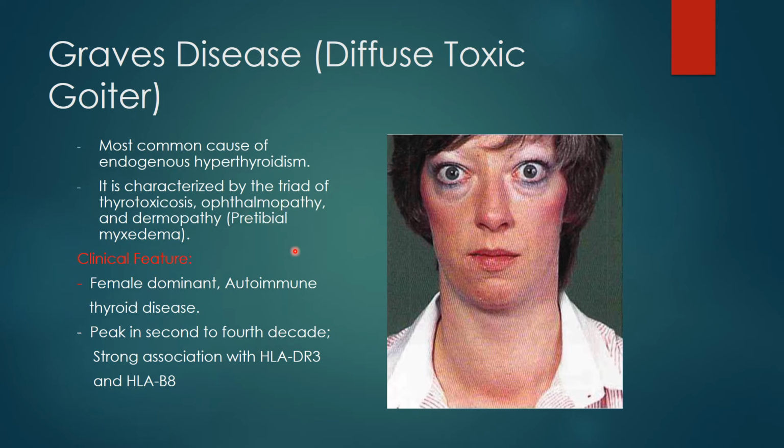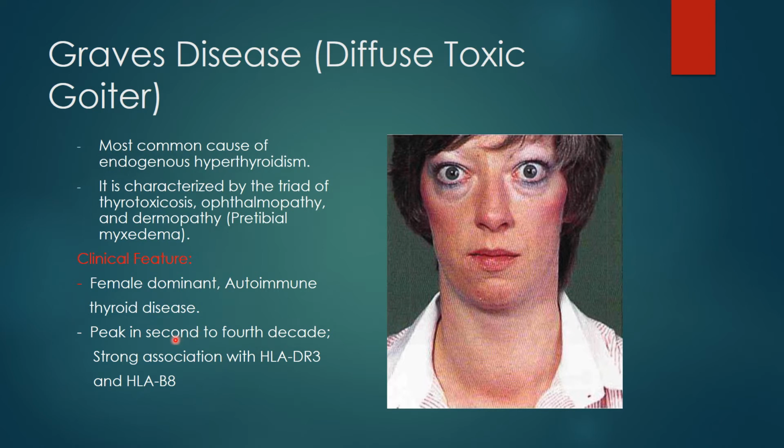So there are three things that most commonly happen which are compulsory to call it Graves' disease. First of all, thyrotoxicosis, second ophthalmopathy, and third dermopathy. It usually occurs in females, most commonly, dominantly.